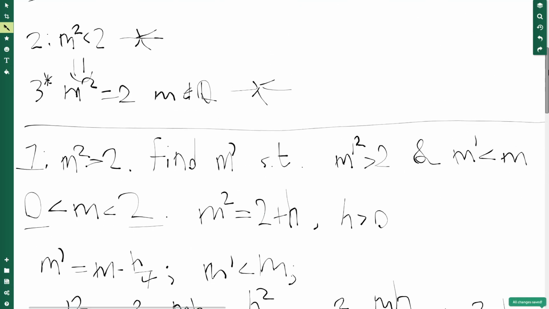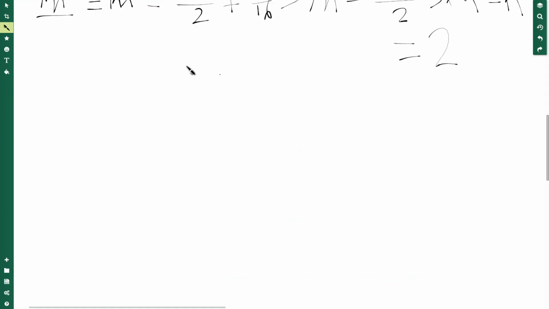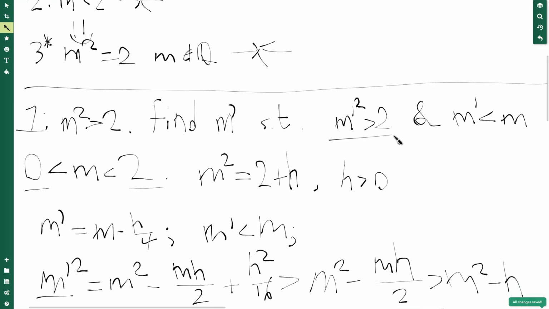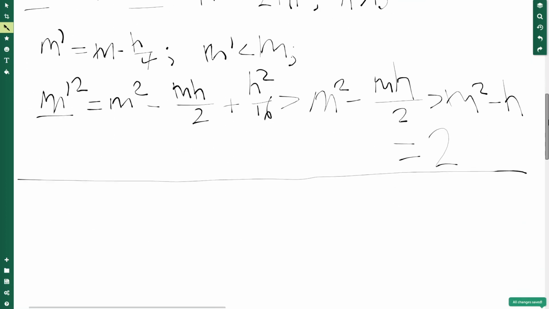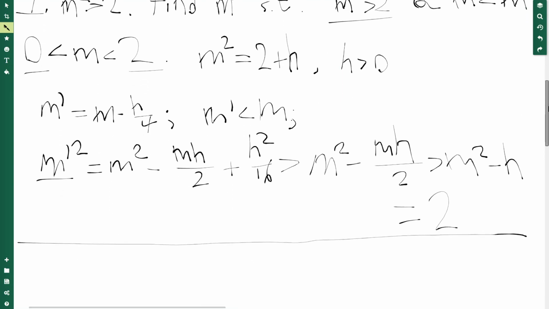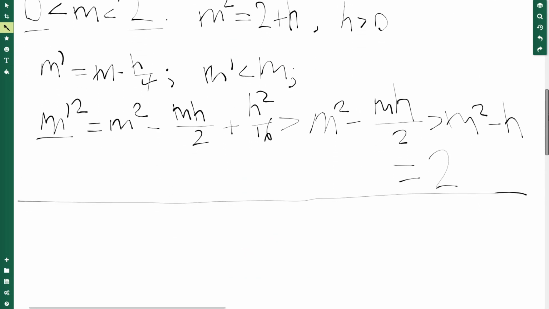So that finishes this first part, because we found an m prime that fits our condition, but is also less than m. So you can never find an m such that m is a least upper bound for s.